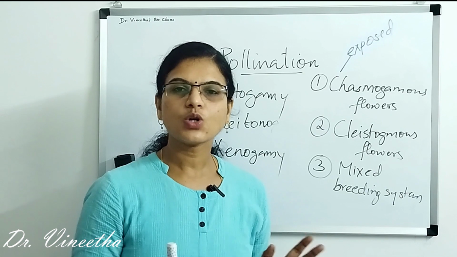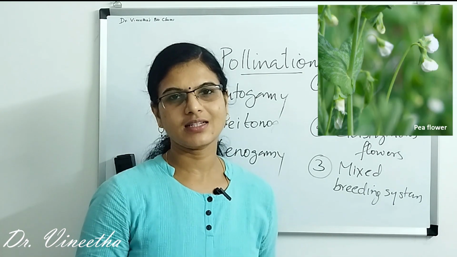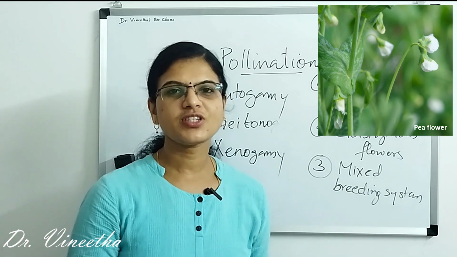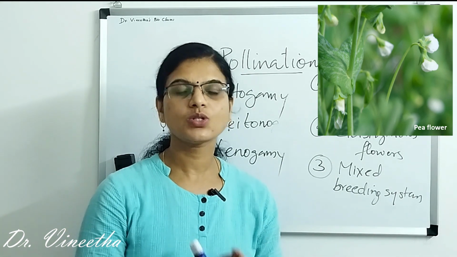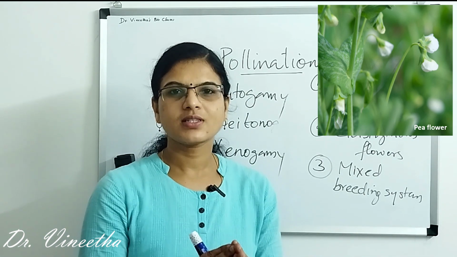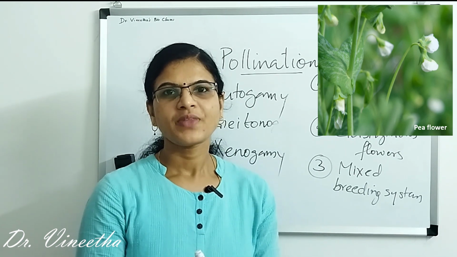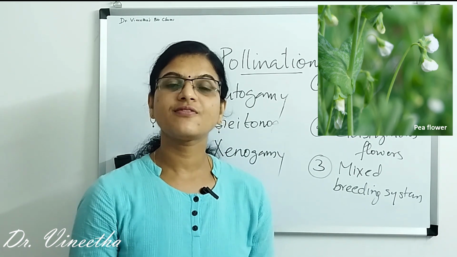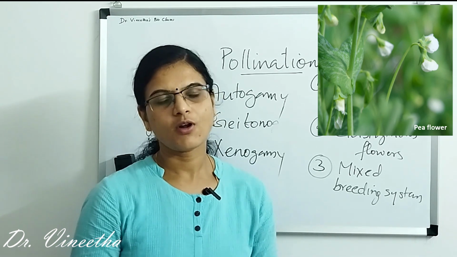They are not open for cross-pollination. They are self-pollinated. In such flowers, the anther and the stigma will be very close together, in proximity, so that self-fertilization is successful. And here, there is no need of any agents or mediators for pollination.